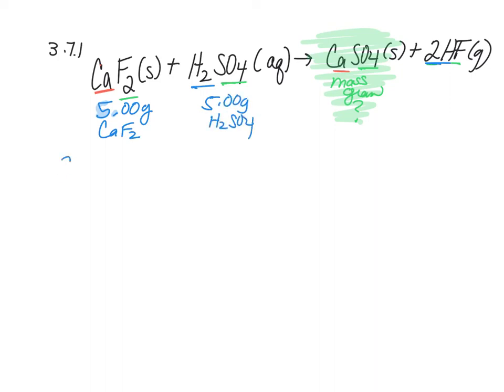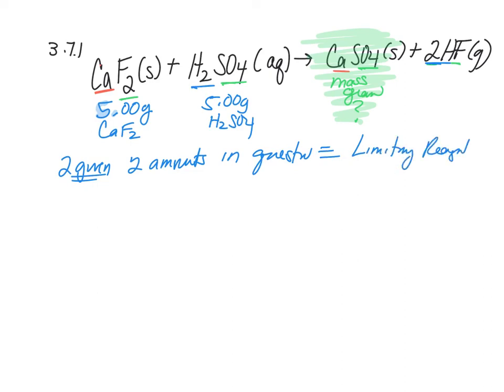So whenever you have 2 givens, 2 amounts in a question, you need to think limiting reagent problem. And when that happens, this is your steps.